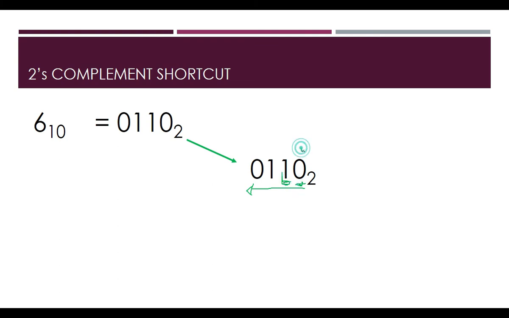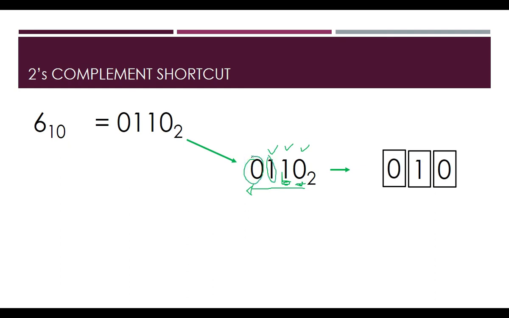So let's copy 0, so that is 0, and then let's copy 1. So there you go. And since we have already encountered the first 1, then for the remaining bits, we have to invert them. So this one becomes 0. And then for this bit, this becomes 1.